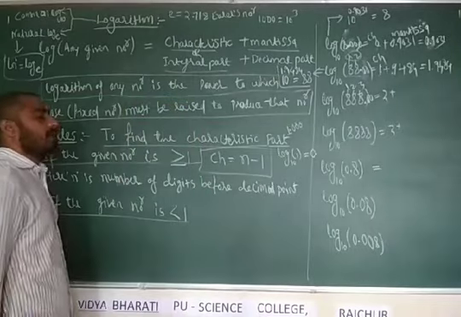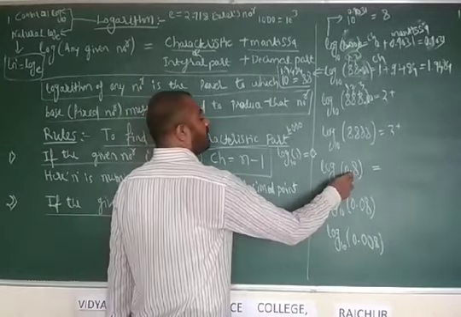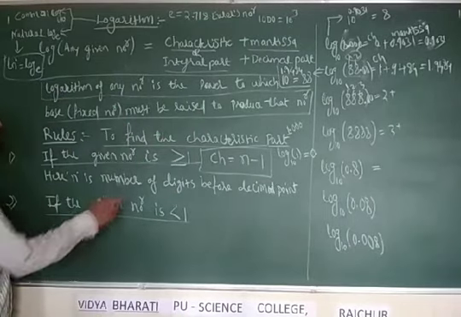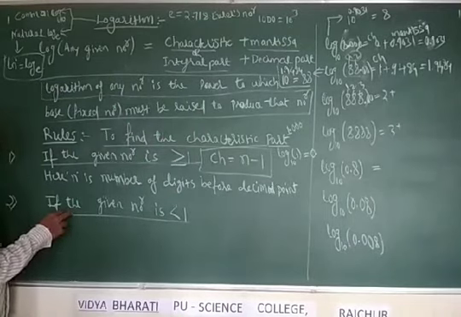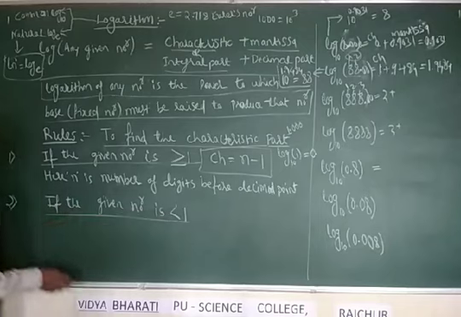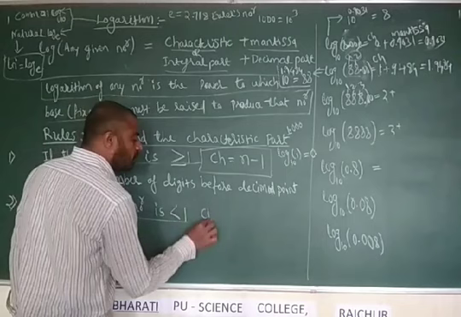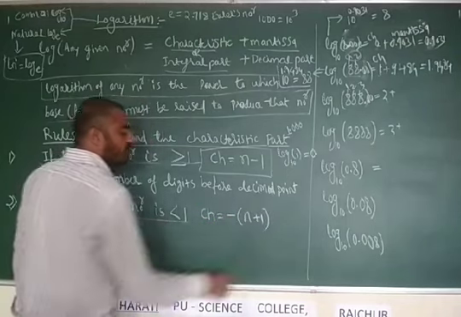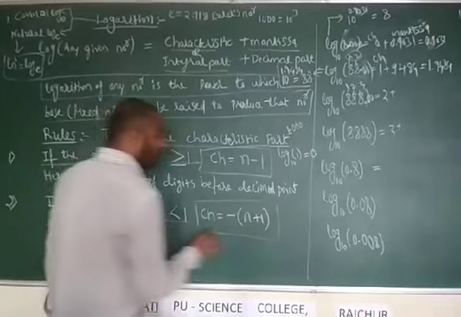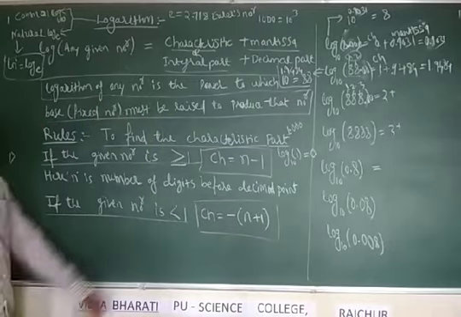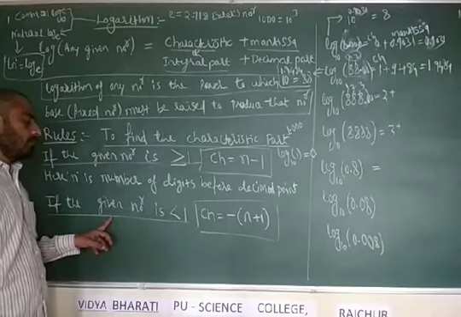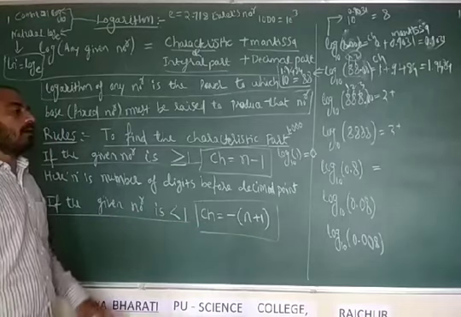For such numbers whose value is less than 1, the rule to find their characteristic is characteristic is equal to minus of n plus 1. If you follow this rule, you can find the characteristic of a given number which is less than 1.